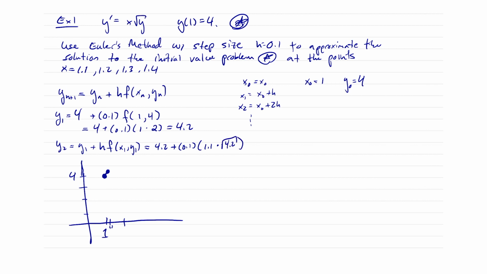Now this is me grabbing my handy dandy calculator, because I need the square root of 4.2. Somewhere between 1 and 2, right? Nope, not doing that in my head. Let's see.